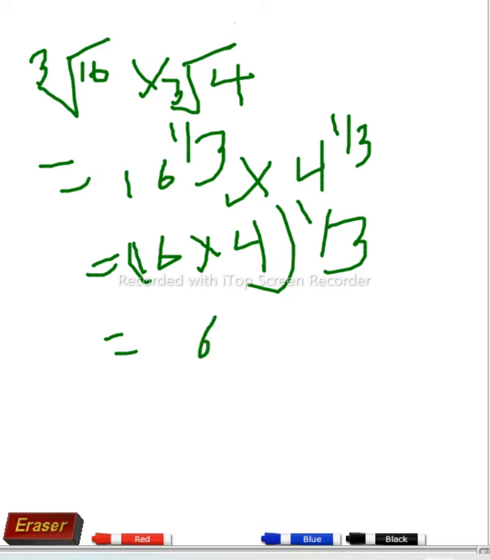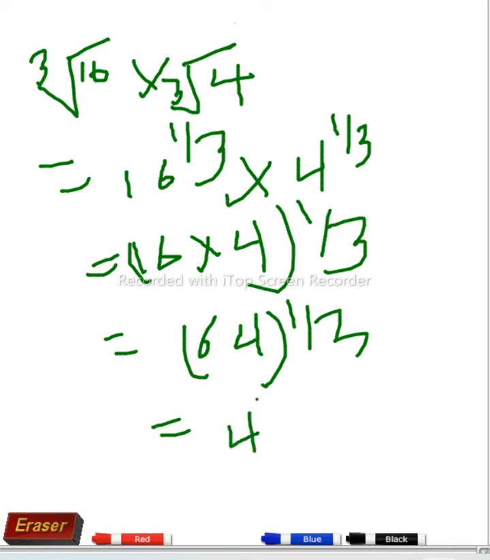So we get 64 to the power of 1 over 3. 64 means 4 to the power of 3, because 4 times 4 is 16, and 16 times 4 is 64.